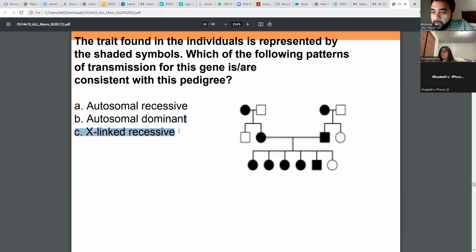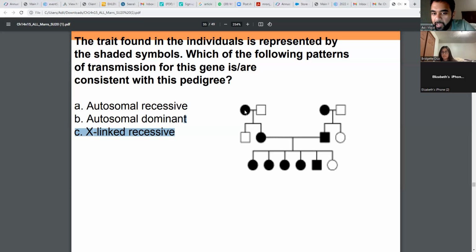Is it possible for it to be X-linked recessive? Well, let's check. The least confusing way to figure it out is let's just assign it. So let's just assume this person is showing it. They're asking, can this be X-linked recessive? So let's just assume that this person is X-linked recessive.